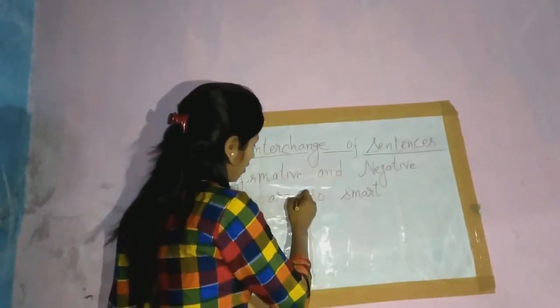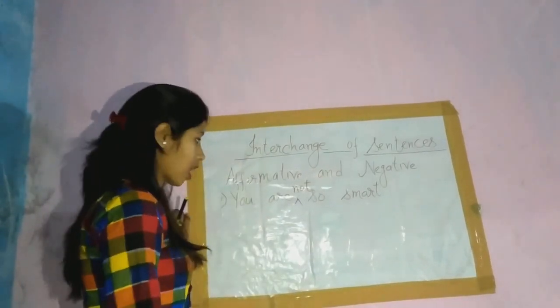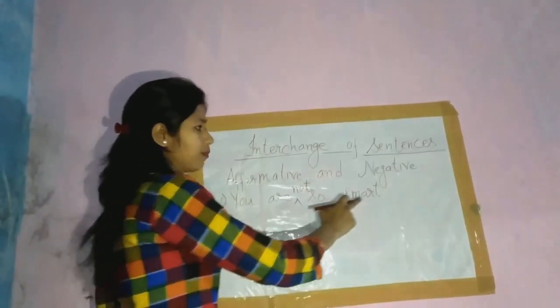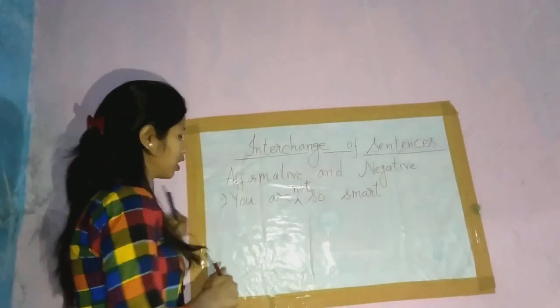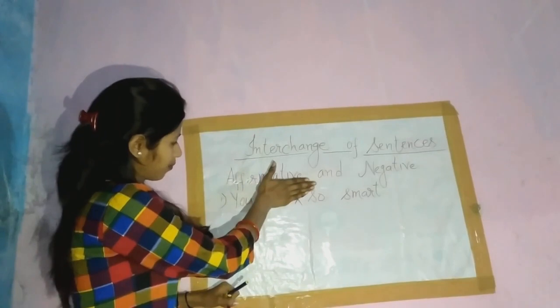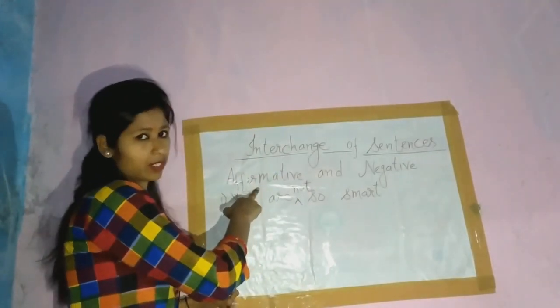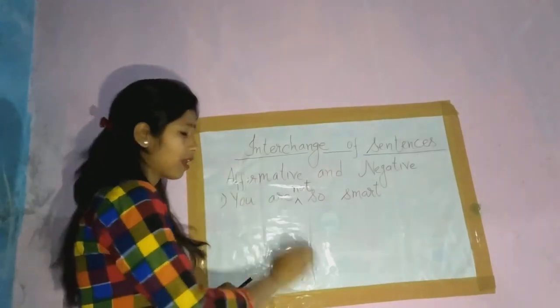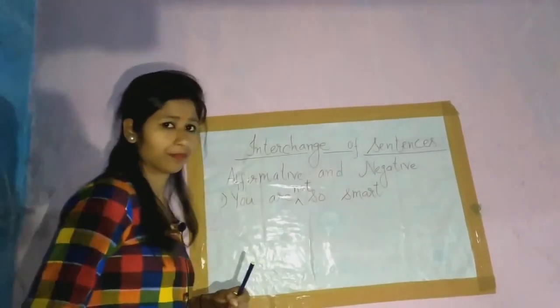You are not so smart. Now, it has become a negative sentence. Earlier, it was affirmative. If we just write this, you are so smart, it is an affirmative sentence. If I add here not, it becomes a negative sentence.